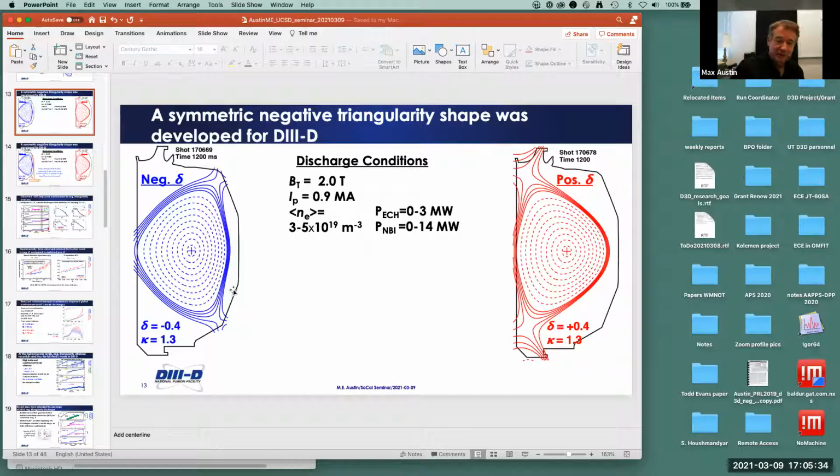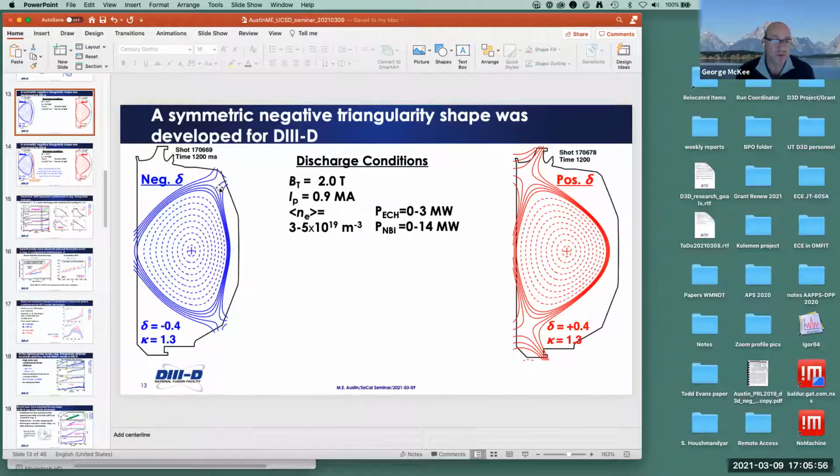No, due to the shape, the average B field is somewhat lower in negative triangularity, so that ends up giving you higher Q, right? Is that the case?